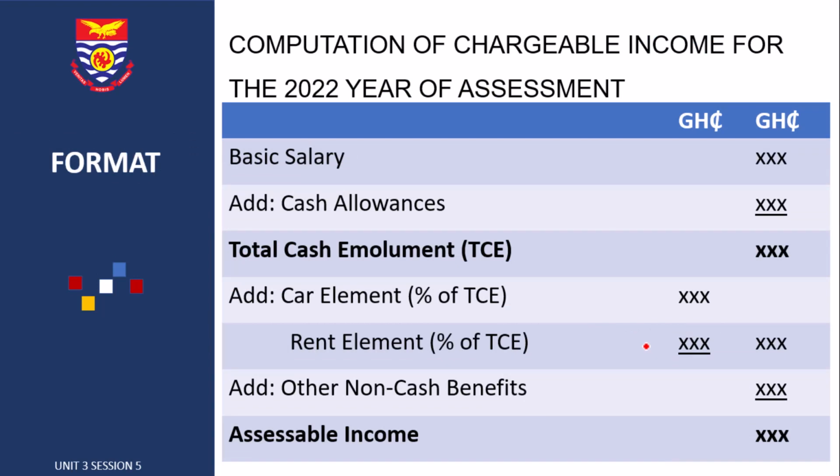Let us look at the format for computing chargeable income from employment. We first have your basic salary. Sometimes it will be given to you or you have to compute it. Then you add other allowances.